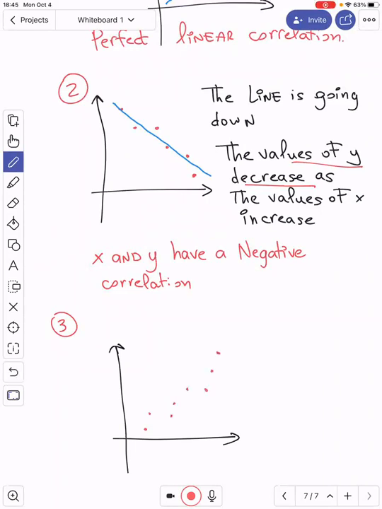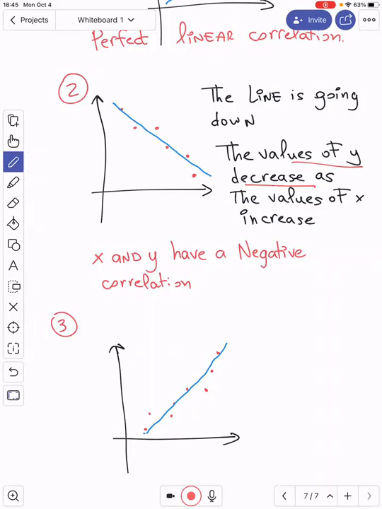The best line in this case, which is the closest to each point, would be this one right here. So in this case, X and Y have a positive correlation, right?